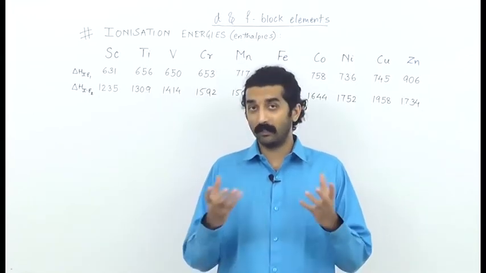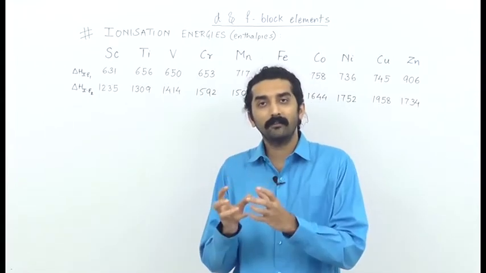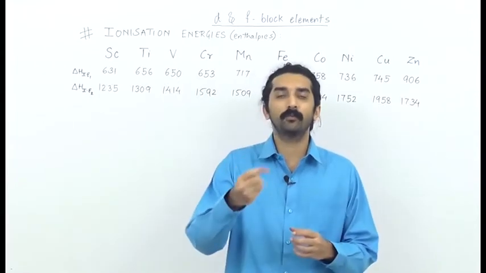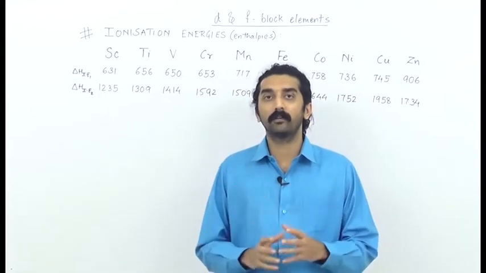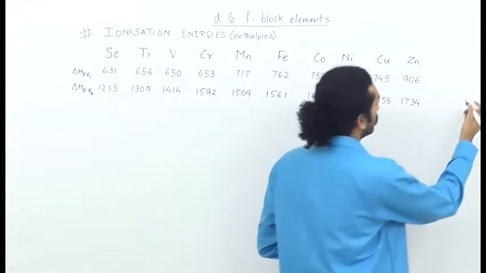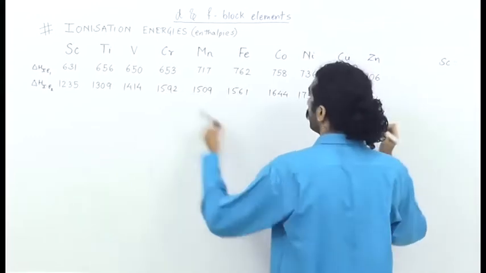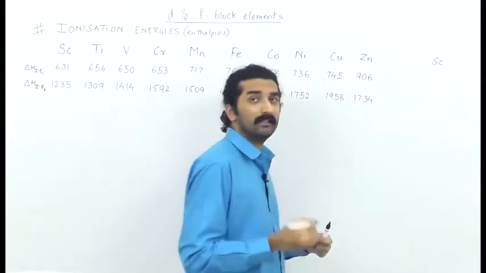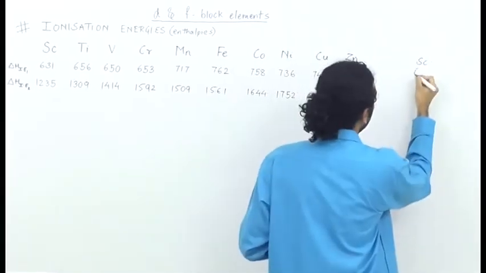But before going there, a quick small recap of what ionization energy is. Ionization energy, or ionization enthalpy, as we would like to call it, is the amount of energy required to remove one electron from the outermost orbit of a particular element. So for example, let's say we have scandium, the simplest of the transition elements. We know that the atomic number of this element is 21, right?